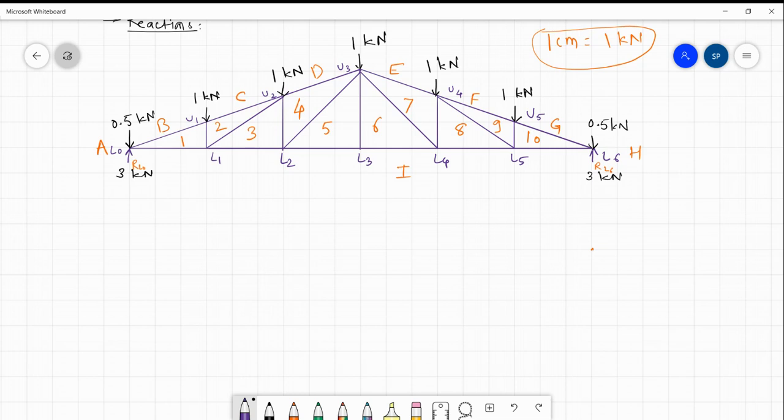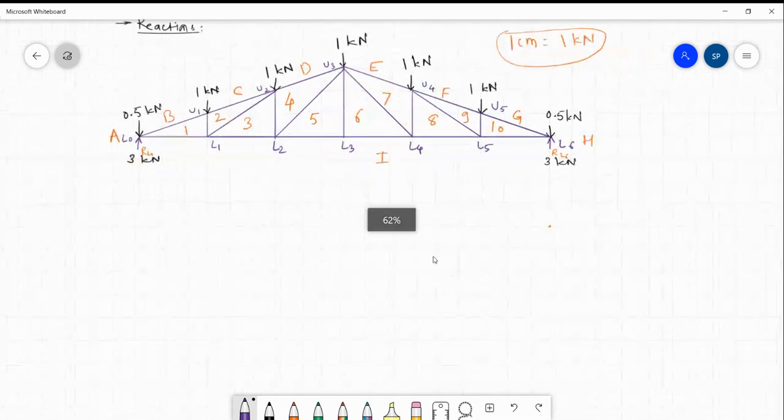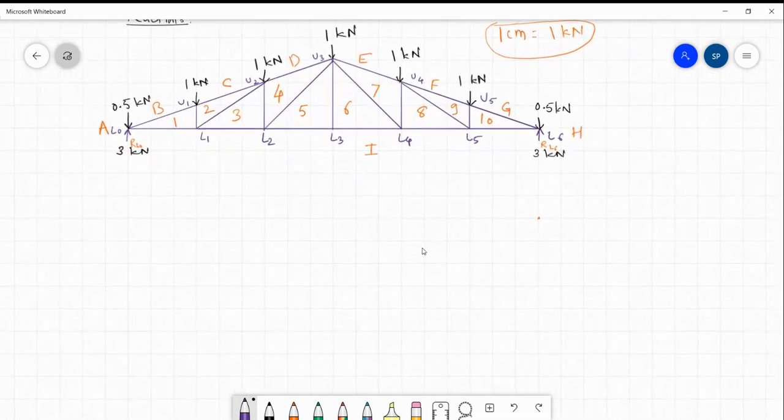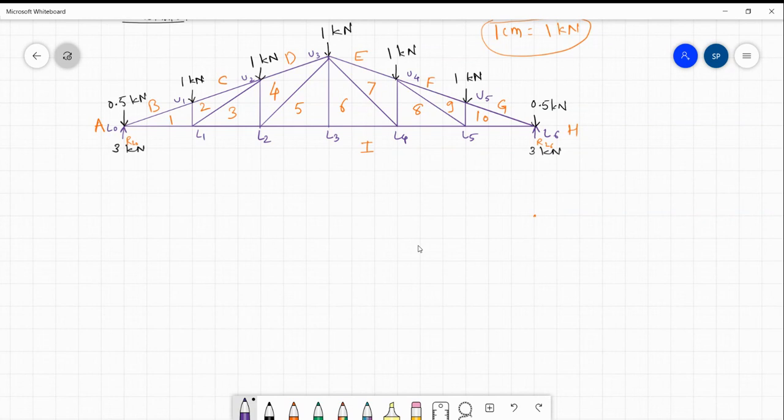And the direction of all the forces, if you see, is making 90 degrees with the horizontal. Only difference is that the external load is acting vertically downward, whereas support reactions are going vertically upward. So only that much is the change. For the remaining, the direction is altogether vertical, making a 90-degree angle with the horizontal.